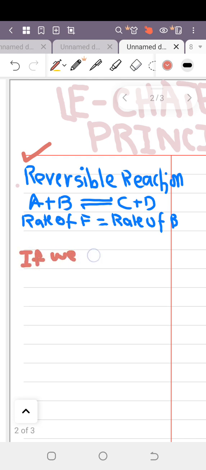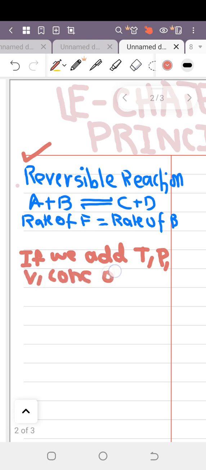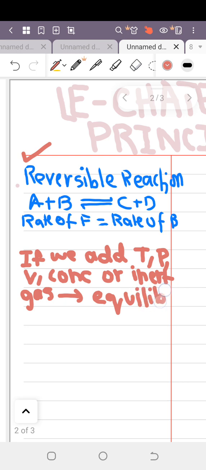If we change temperature, pressure, volume, concentration, or add any inert gas, the equilibrium is disturbed.